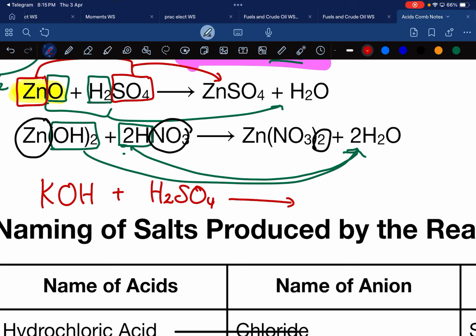This one is one O only, right? Now here when you use hydroxide, you're going to use the O and the H group, both.